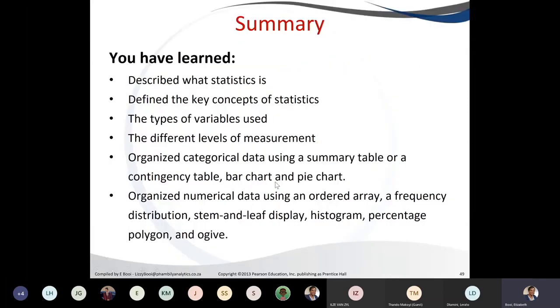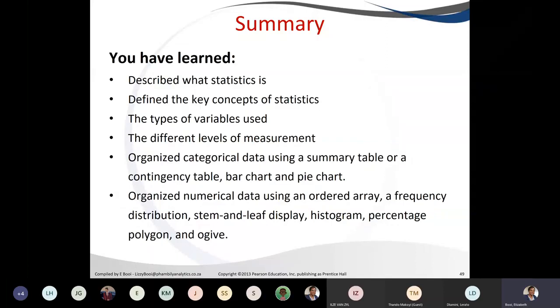So to recap on what we did today, we described what statistics is. We defined the key concepts of statistics. We looked at the types of variables that we use. We also looked at the different levels of measurement.